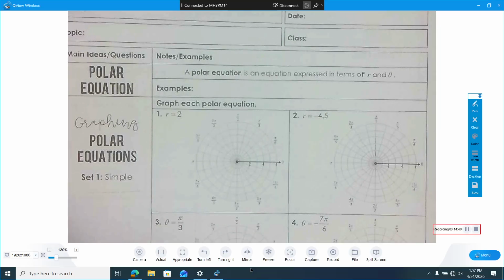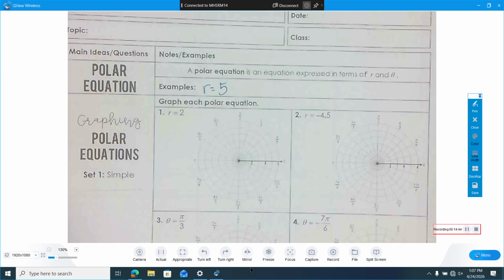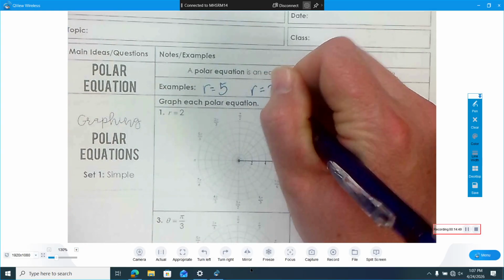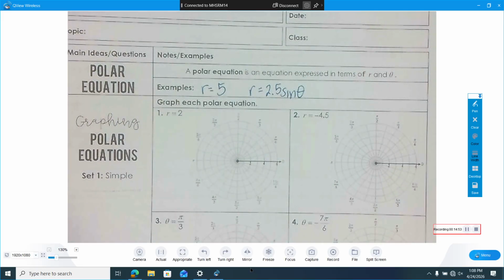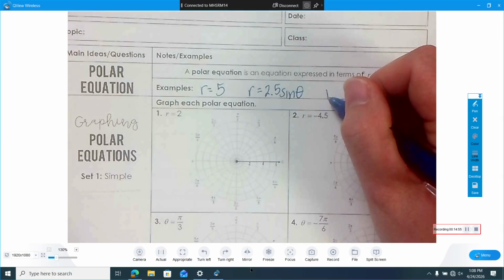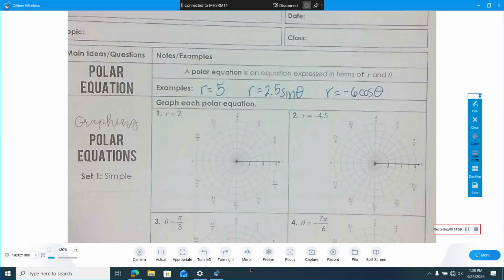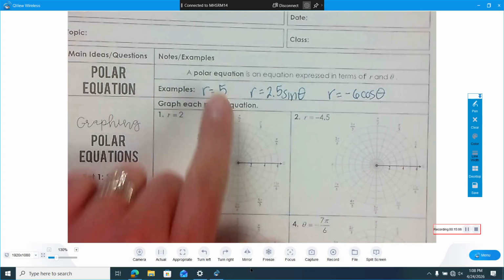So some examples, we could have r equals 5, just like you see here, r equals 2. We could have r equals 2.5 sine of theta. You might see something like r equals -6 cosine of theta. But these are all polar equations because they use r and potentially a theta. This one does not, though.